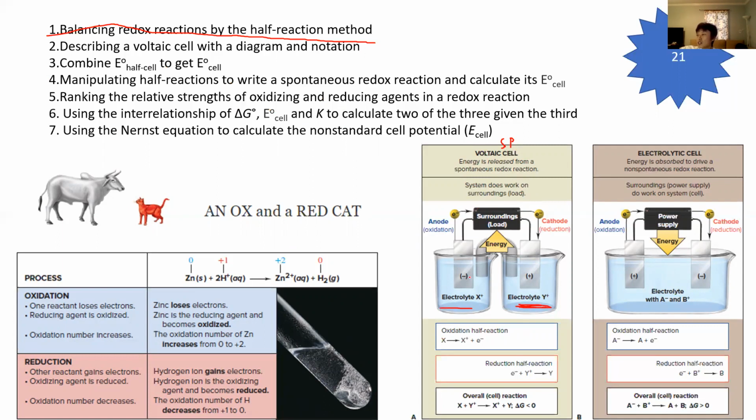In each half cell we should have an electrode and an electrolyte solution, and when we connect them, we need a circuit, a wire, and a salt bridge. By convention, we write the anode on the left and the cathode on the right. Anode is where oxidation happens: an ox, red cat. Oxidation happens at the anode, reduction happens at the cathode.